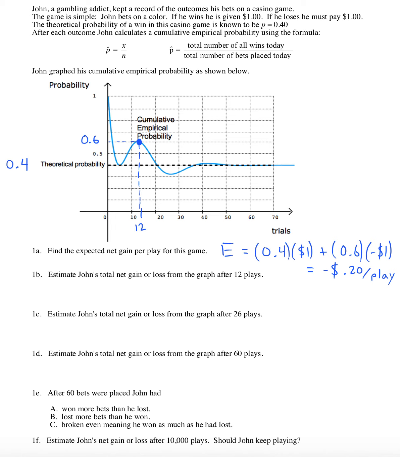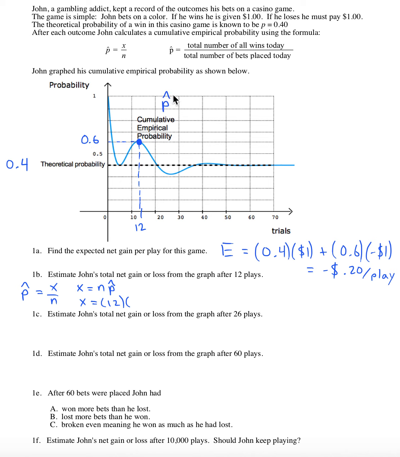Now we want to use the formula for empirical probability. P hat equals X over N. We can actually rearrange it through algebra: X equals N times P hat. The reason I did that is that we know the number of trials here. It's 12. And we know his cumulative empirical probability from the graph.